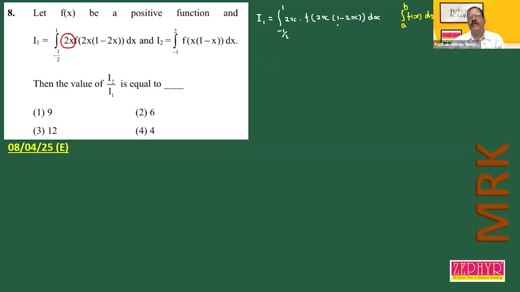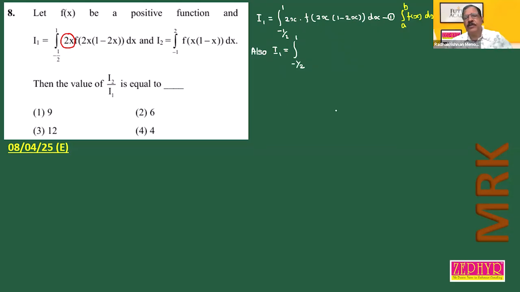So, by using this property, let us call the first definite integral equation 1. Also, I1 is equal to the integral from minus 1 by 2 to 1.